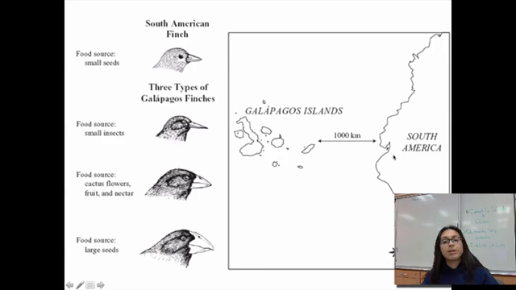The interesting thing about these islands is that while they're very close in proximity, they have very different climates and habitats. So on one island you might find deserts. On another island, lush tropical forests. Another island, volcanic rock, so black barren volcanic rock.